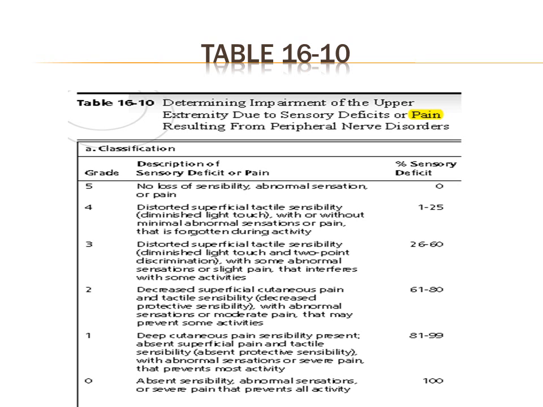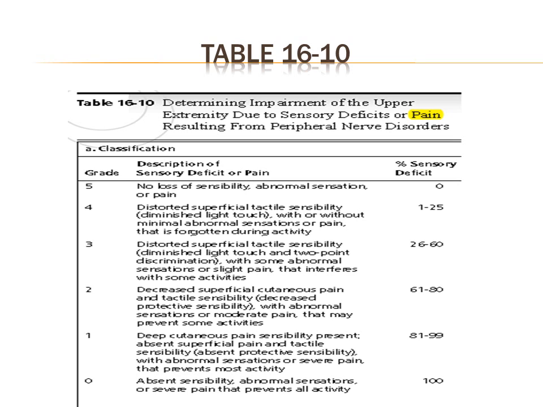because as we're talking here about the lower extremities, a grade 2 classification by definition involves abnormal pain. Includes abnormal sensations or moderate pain that may prevent some activities. So what activities are the lower extremities involved with?